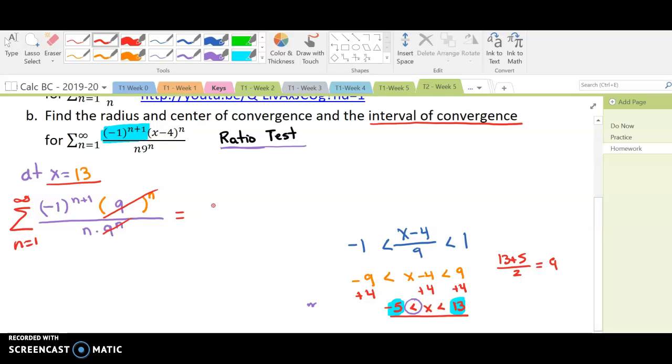And we really have the series negative 1 to the n plus 1 all over n. And this will alternate. We'll have, when n is 1, 1 over 1, minus 1 half, plus 1/3. And so at this endpoint of x equals 13, we converge.